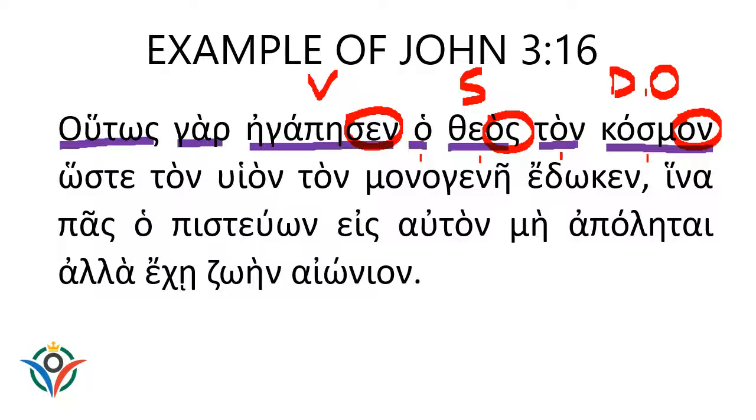So I hope that this example has just whet your appetite for further studies, and that it's just opening up a whole new world of possibilities and excitement regarding the study of the Word of God.